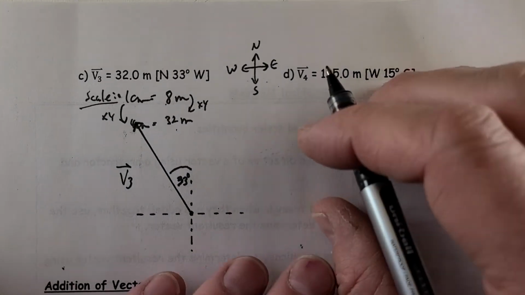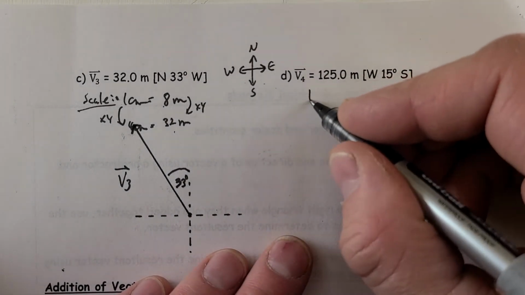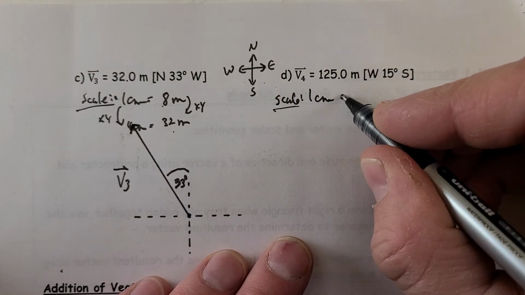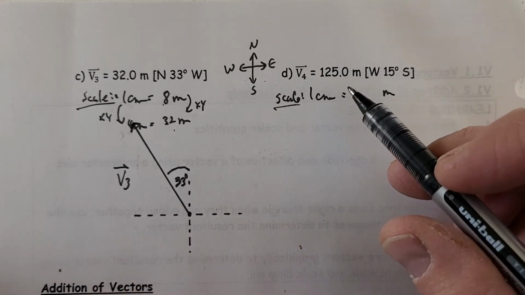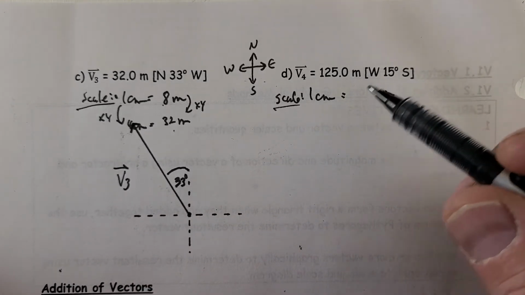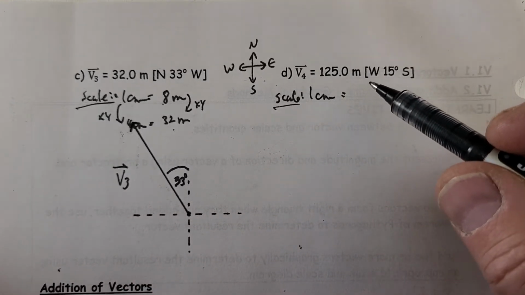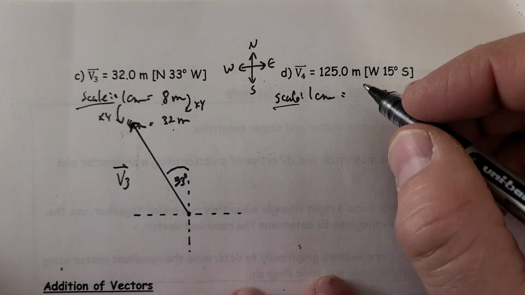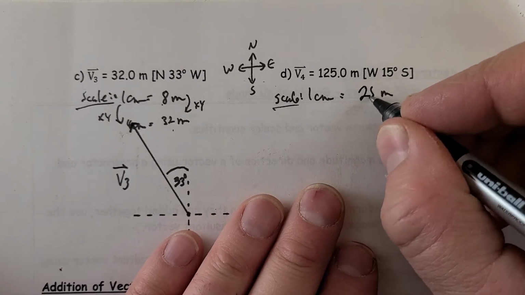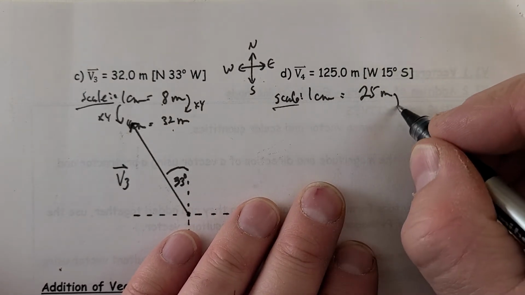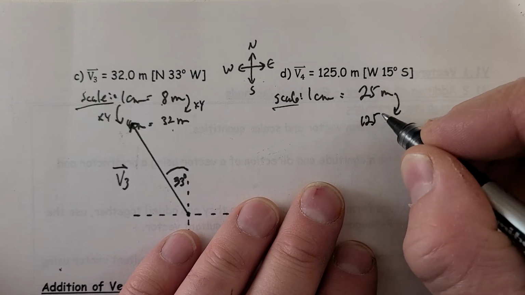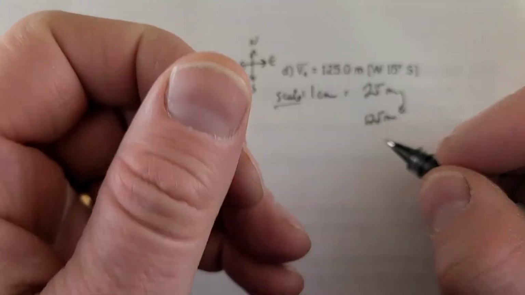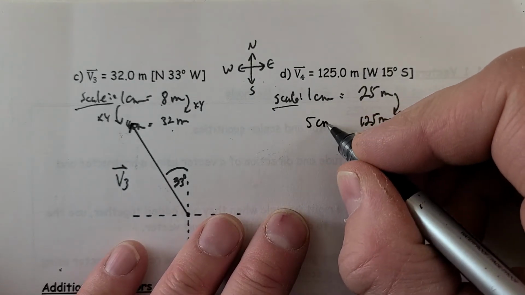Alright, so looking at the next one, again I'm going to make a scale: 1 centimeter equals so many meters. Now this is a fairly big number. It's divisible by 5, but still that'll be a very big number. But 25 goes into that. So if 1 equals 25, then to draw 125, 25, 50, 75, 100, 125, that would be 5 centimeters.